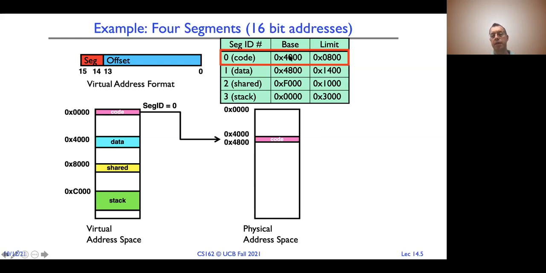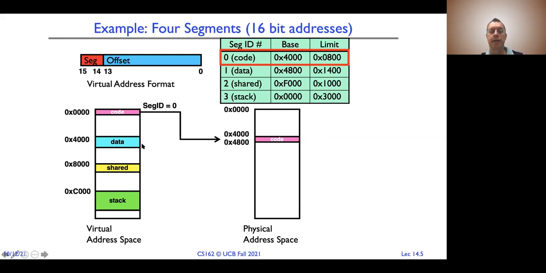It has a base of 4000 in hexadecimal. Therefore you add 4000 to every virtual address in the code segment to get the corresponding physical address in the physical address space.